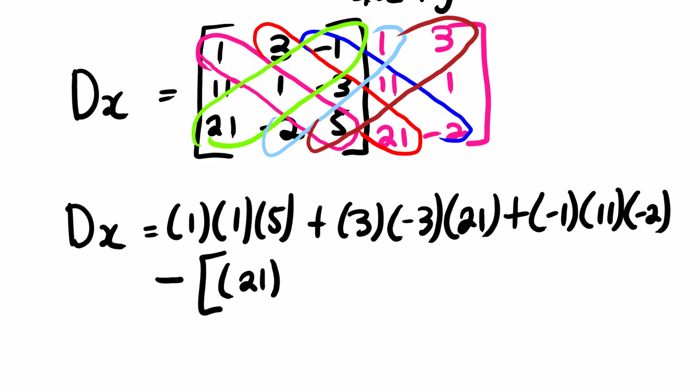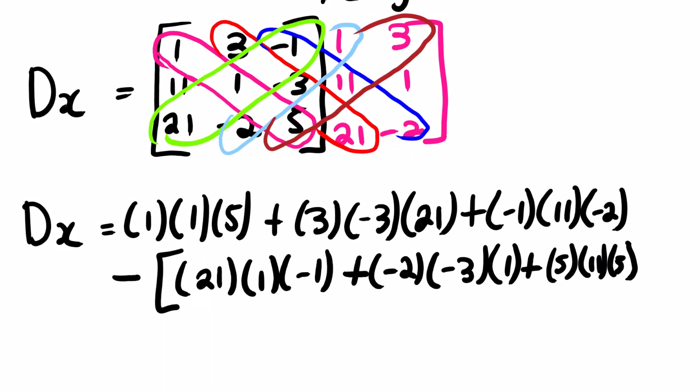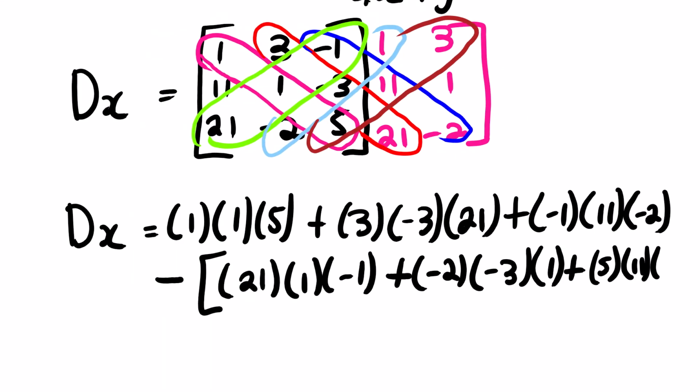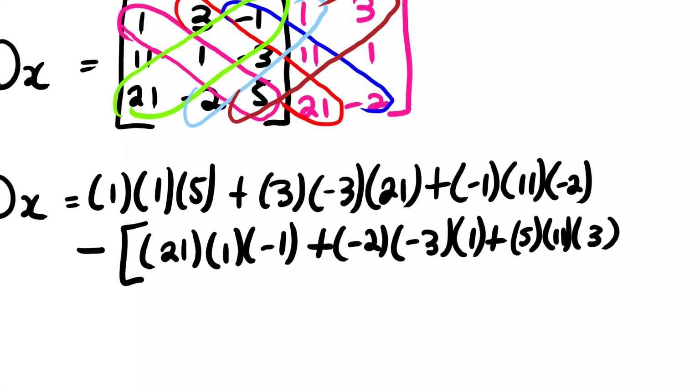We have 21 multiplied by 1 multiplied by -1, plus -2 multiplied by -3 multiplied by 1, plus the last one will be 5 multiplied by 11 multiplied by 3. Then from here we can simplify.